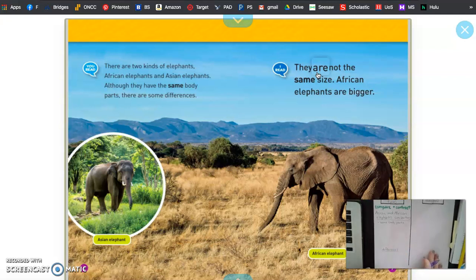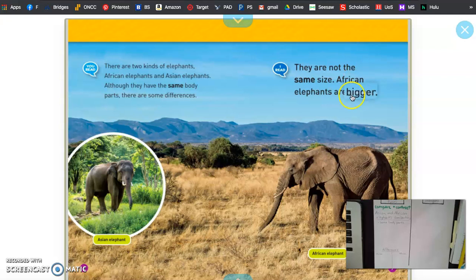And I think to make it easier, I'm going to split this part into two. I'm going to put Asian on one side, African on the other, and I'm going to tell how they're different, and I'm going to make a little chart like that. That will help me keep track of how they're different.